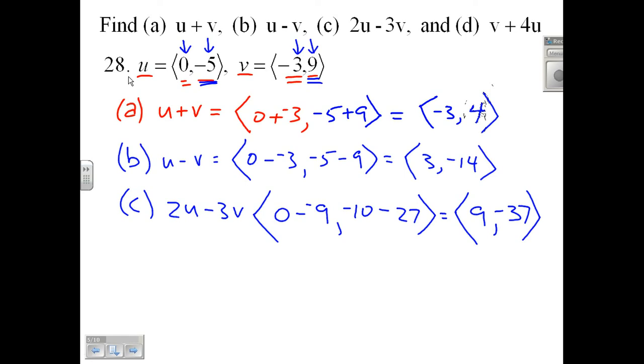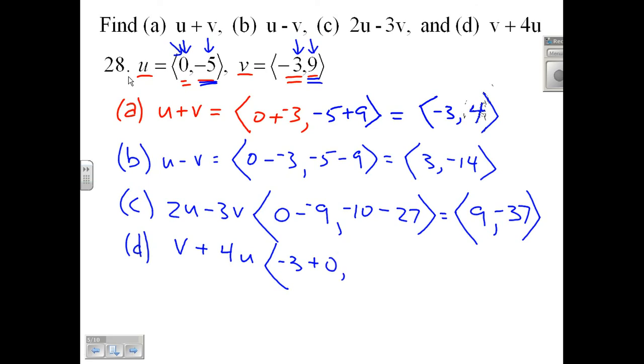And for D, again, exactly what you should suspect here. When we take vector v first and then add to it 4 times vector u, I get vector v's x component, negative 3, plus 4 times, again, u's component, 4 times 0, 0.